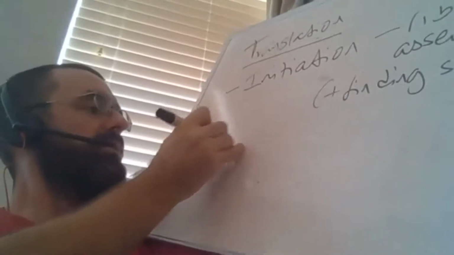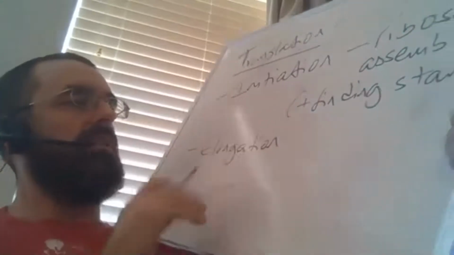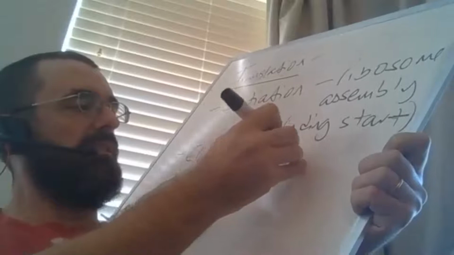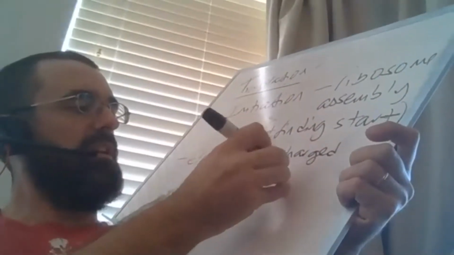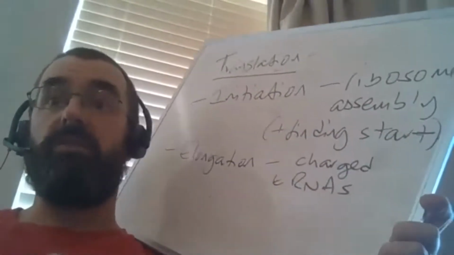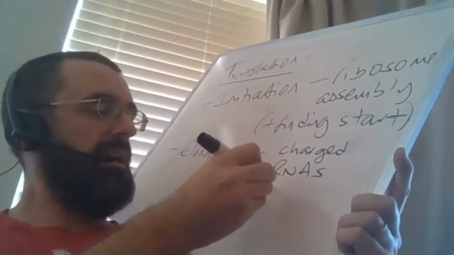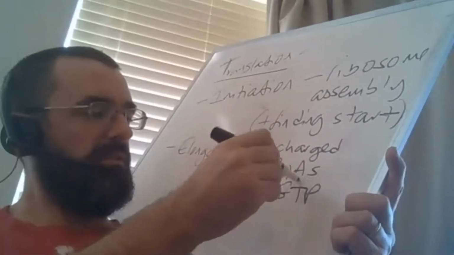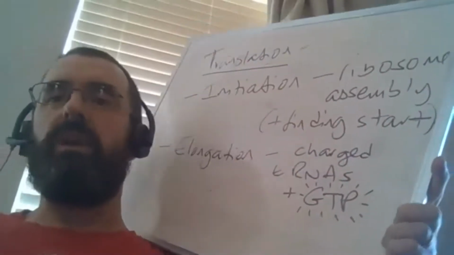You have elongation, and that is with charged tRNAs, and we'll talk about what charged means in this sense. It's not like you stick them in the battery charger. It means that they have amino acids attached to them. And GTP.